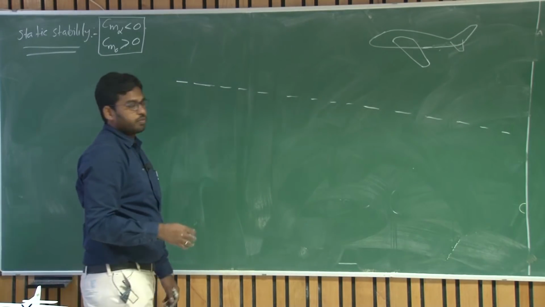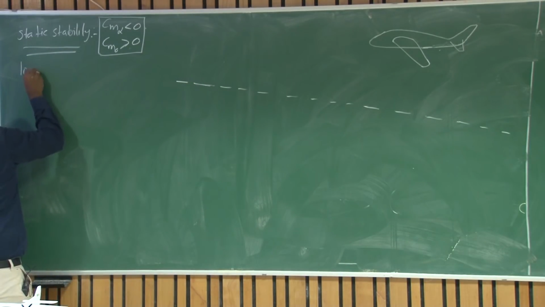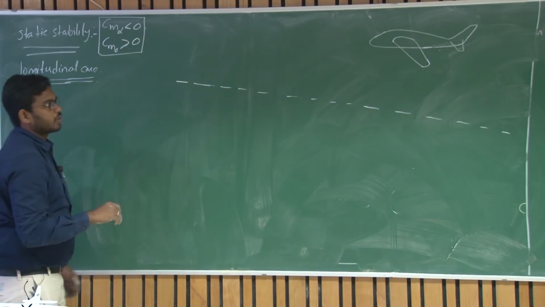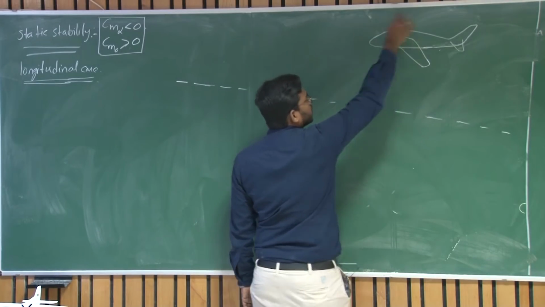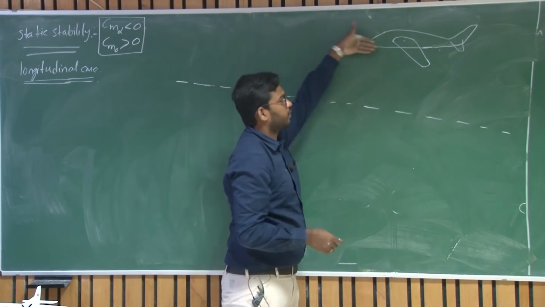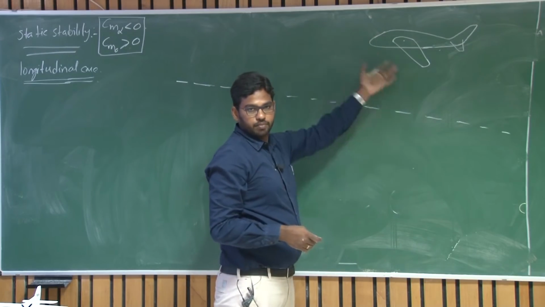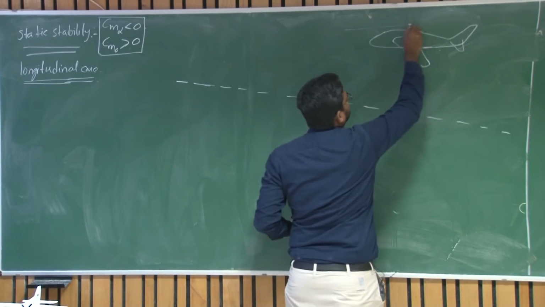When we are talking about longitudinal static stability, let us talk about the longitudinal case. The longitudinal case is the motion in this vertical plane. That means it can translate front and back, go up and down, I mean it can perform a loop in this plane. We have a plane of symmetry for this aircraft.